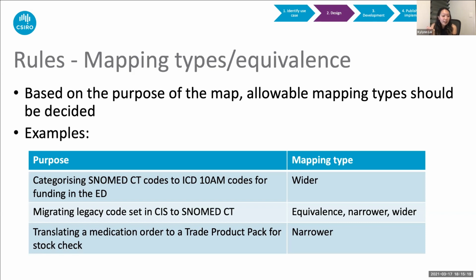If you're migrating a legacy code system in a clinical information system to a different clinical terminology, you would prefer equivalence, but you might accept narrower and wider as well. Perhaps if you're translating a medication order, you might want to check that against a trade product pack, like a branded medication. In this case, you're probably going to go narrower.